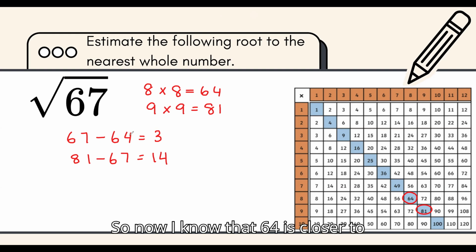So now I know that 64 is closer to 67 because the difference between 67 and 64 is 3. So that means that I can round the square root of 67 to the square root of 64.